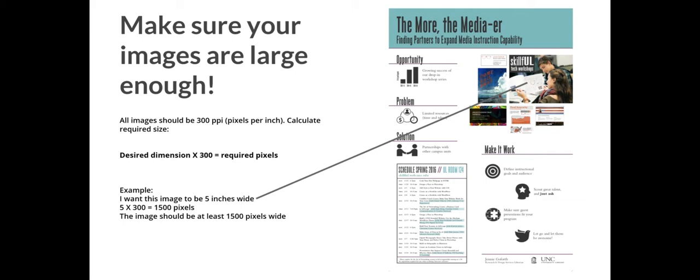All of your images should be 300 pixels per inch at least, and then you want to calculate them according to the size of your poster. So, you would say the desired dimension times 300 is the required pixels for each image. So say you want this one image to be 5 inches wide. 5 times 300 is 1500 pixels. So you should look for an image that's at least 1500 pixels wide.